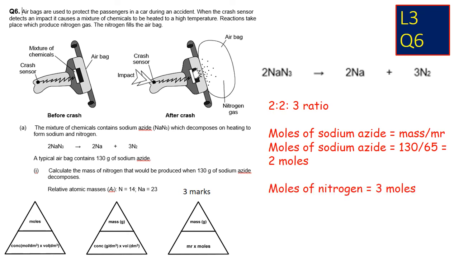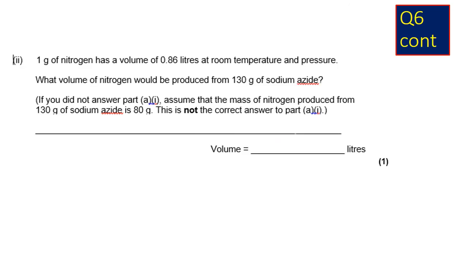That fits nicely into our ratios, so 2 moles of sodium azide gives 3 moles of nitrogen. The mass is moles times Mr, so 3 times 28, which gives us 84 grams.